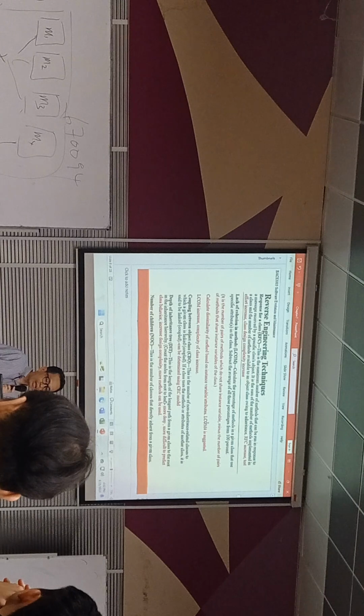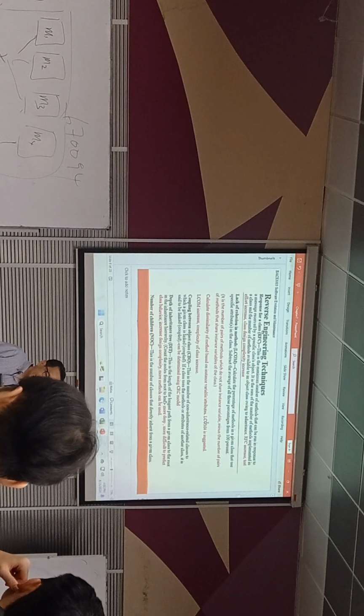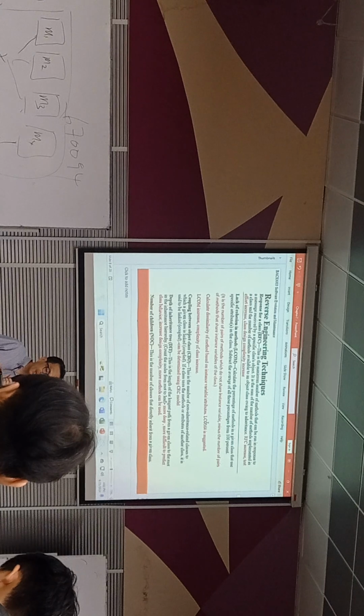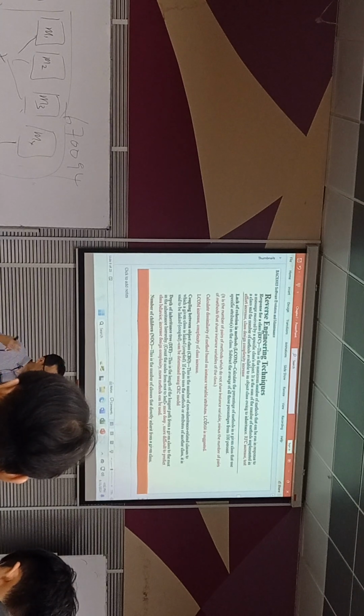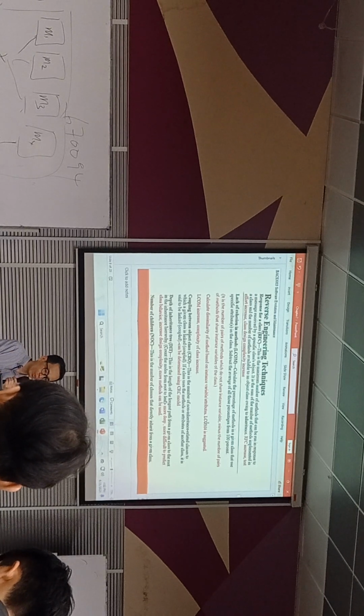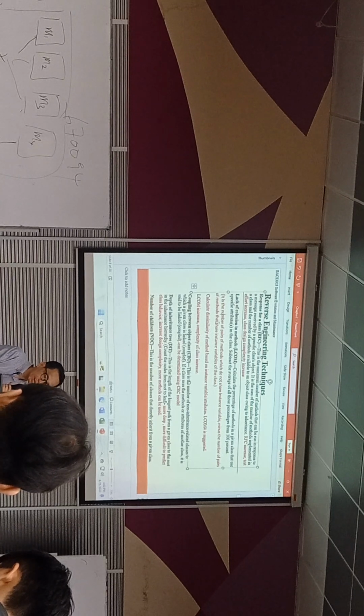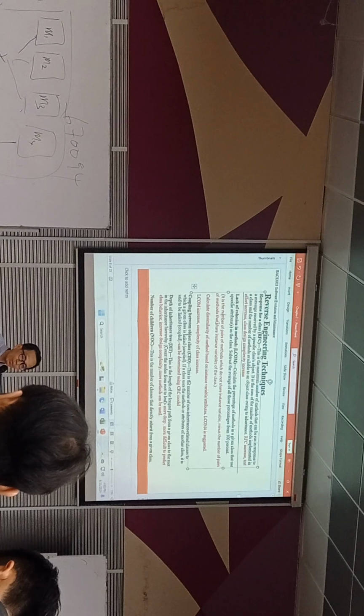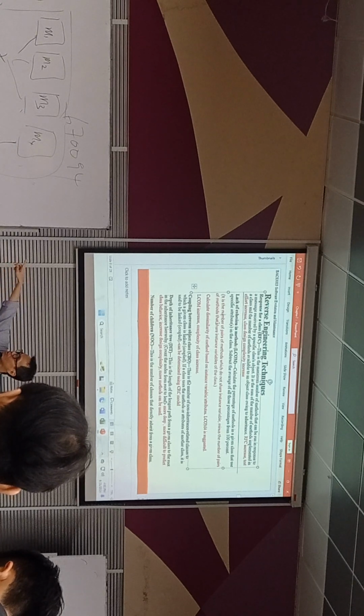So LCOM is to calculate the percentage of methods in the class that access a specific attribute. Another explanation says it is the number of pairs of methods that do not share the same instance variable. 2 pairs already here.